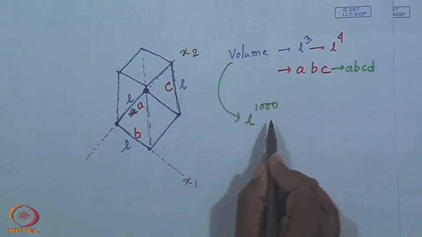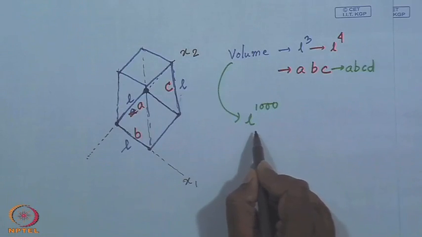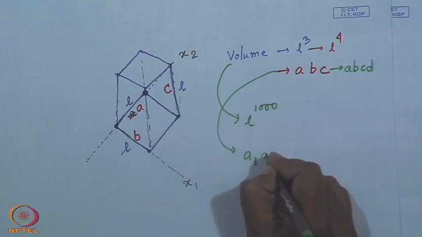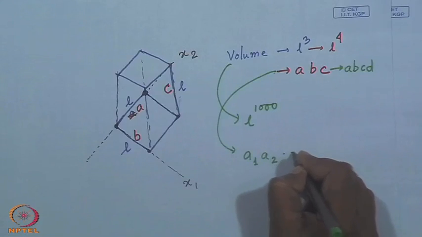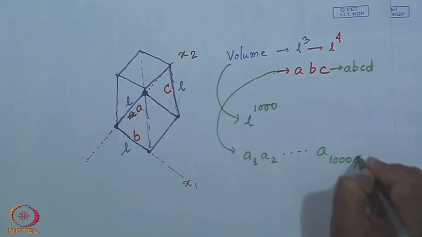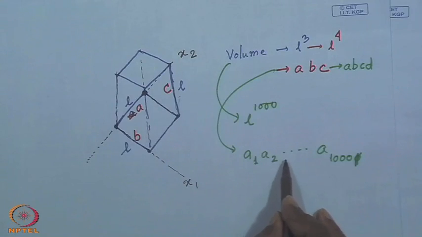And this is a cube in 1000-dimensional space, where every side of that hypercube is equal to L. Considering from here, if A1 is the length of the hyperparallelogram in the 1st dimension, A2 is the length in the 2nd dimension, and like this A1000 is the length in the 1000th dimension, then the volume of the hyperparallelogram will be A1 into A2 into A3 up to A1000.